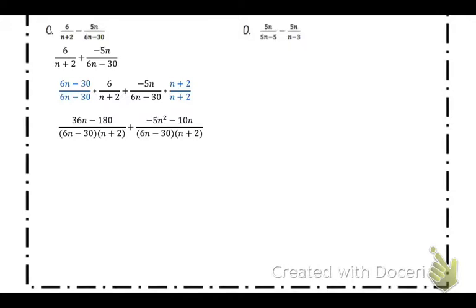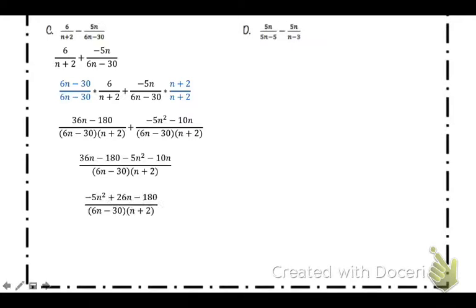Then on the other one, you get negative 5n squared minus 10n. And over the same thing, create this into one fraction, and then just combine like terms. So you end up with negative 5n squared plus 26n minus 180 all over 6n minus 30 and n plus 2. Cool?